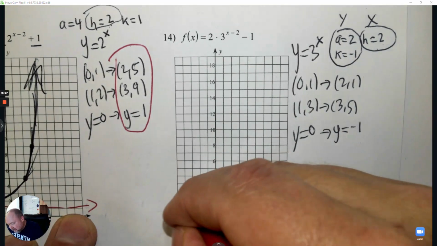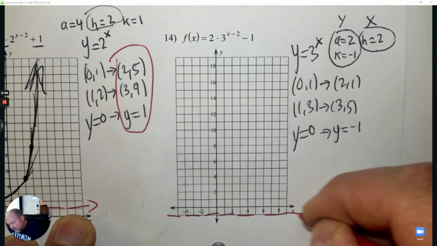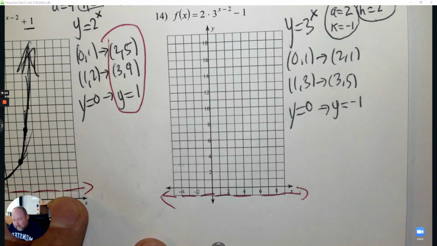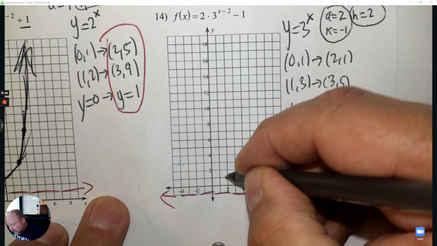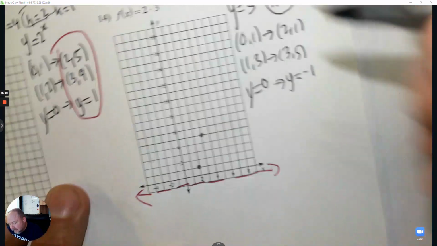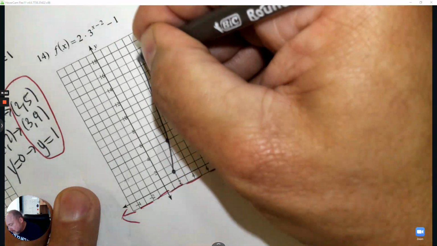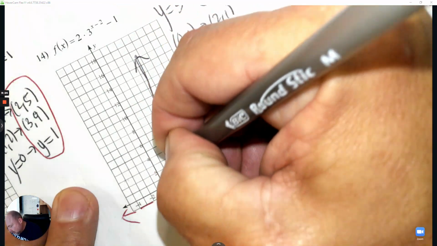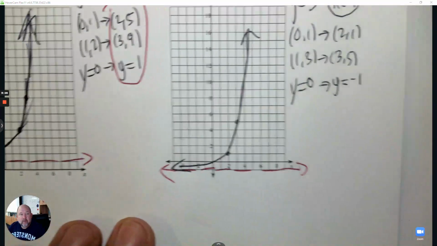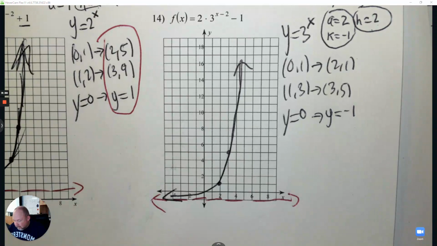So at negative 1, and then the points, which are at 2, 1, and 3, 5, and then I'm going to graph it. All right, 2 more.